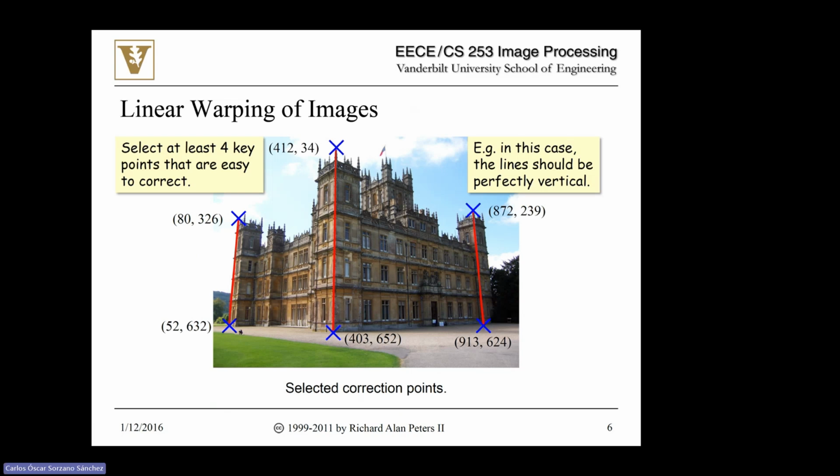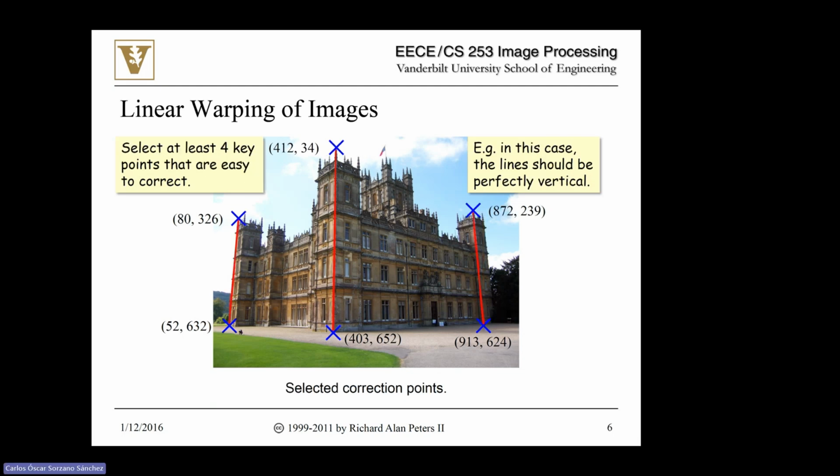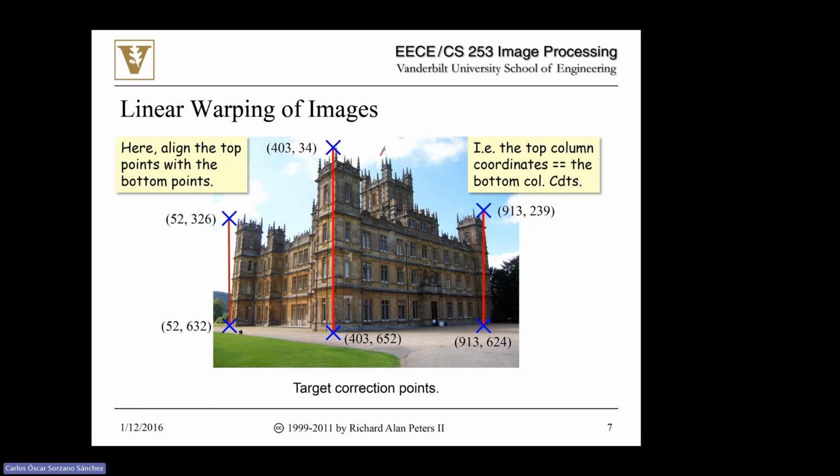So let's say that we define all these points. These numbers are the coordinates. And then we say, these points should go to here. You may see, for instance, this one.